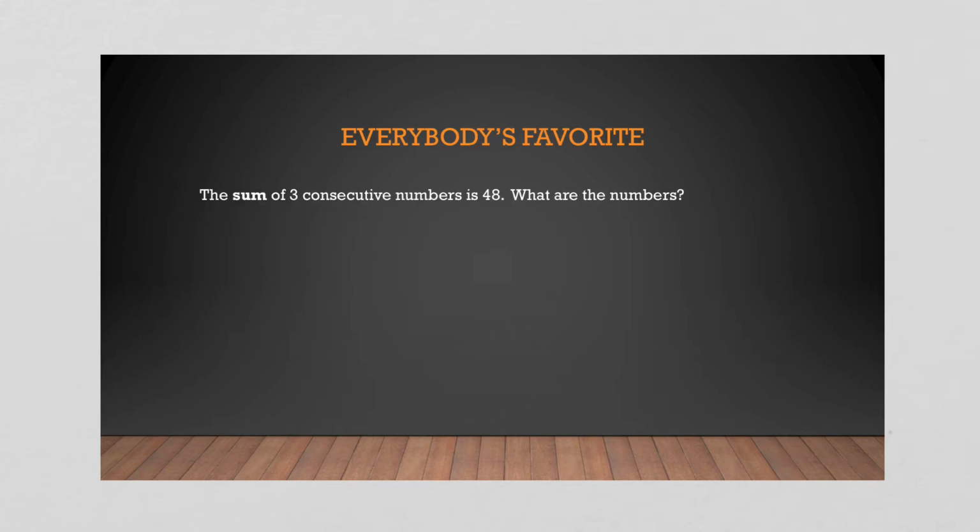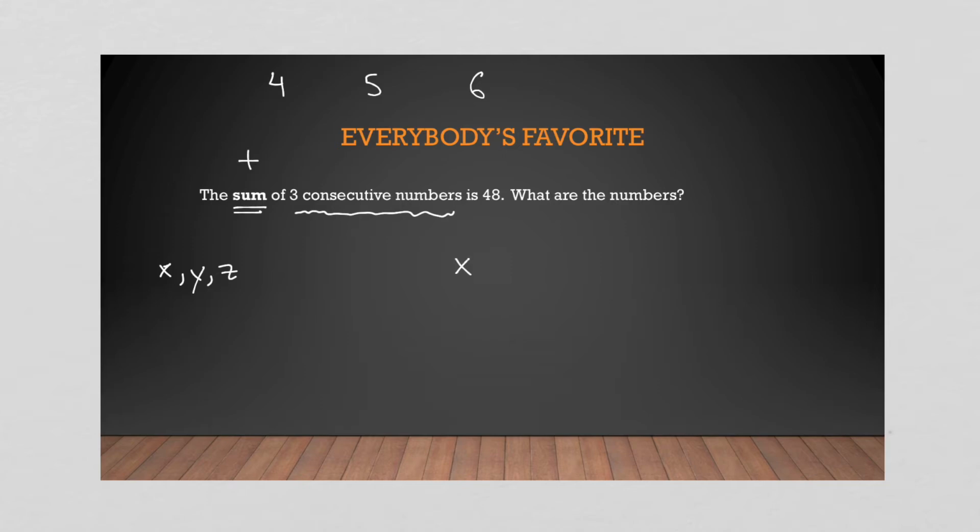So let's look at another one here. The sum, okay, that's an important word. Sum means addition. Consecutive numbers, that's another important thing to consider. Here, let's look at 3 consecutive numbers, 4, 5, and 6. Those are consecutive. They occur one right after the other. So if you picked variables, you could say, okay, what about x, y, and z? Those could be 3 consecutive numbers.